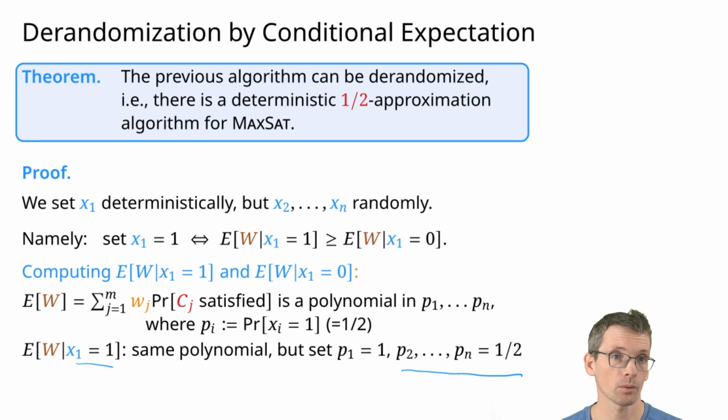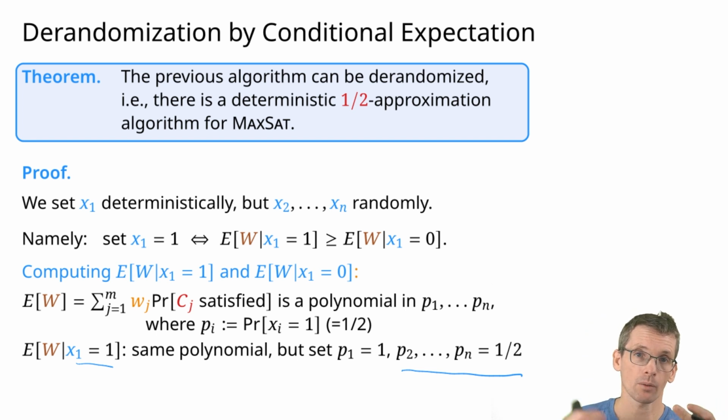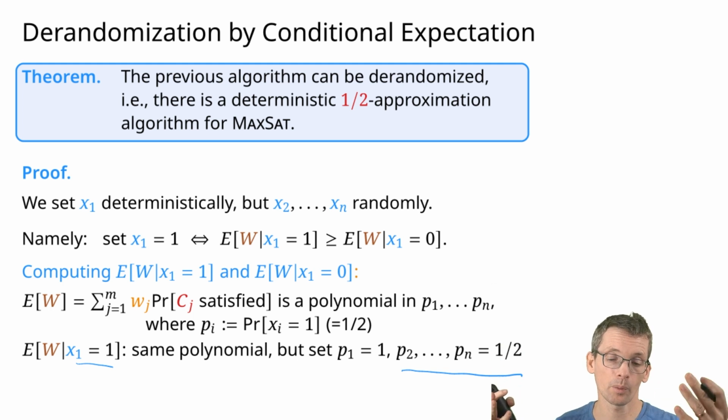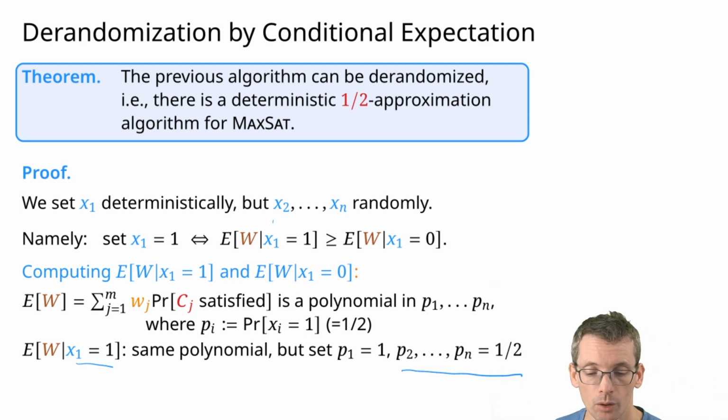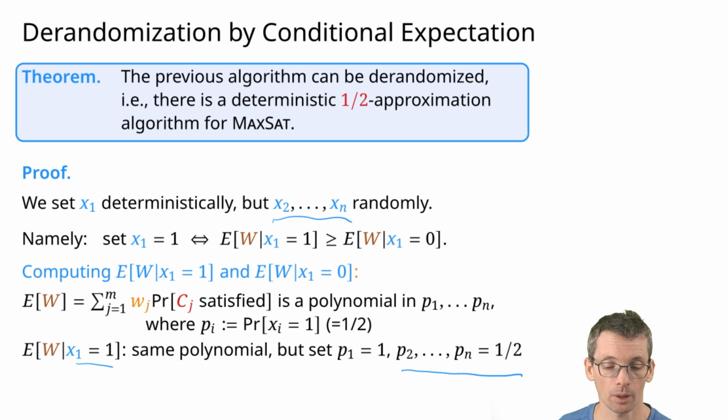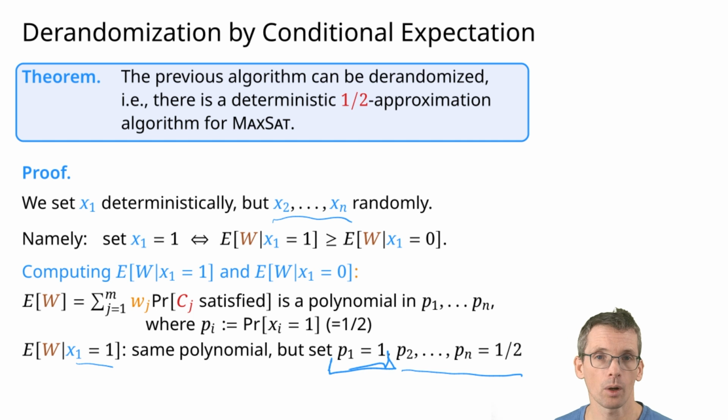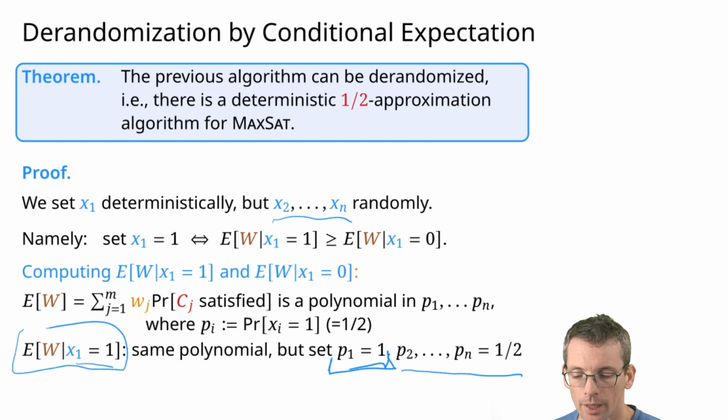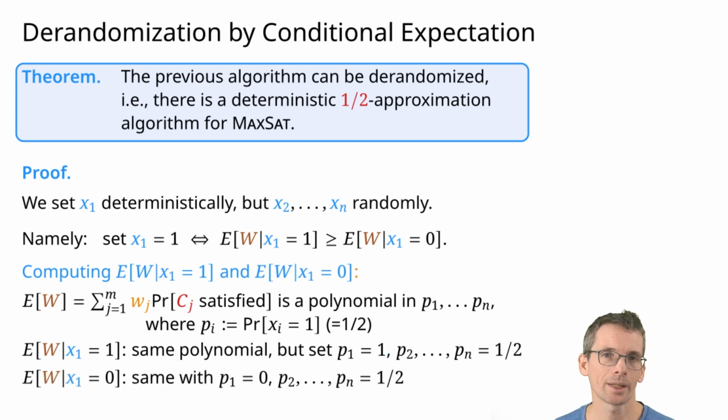That corresponds to picking at random with probability 1/2 one and with probability 1/2 the other, which corresponds to x2 to xn being chosen randomly. And we set x1 to 1, meaning with probability 1 we set x1 to 1. In this way we can compute this expectation. Same we can do with x1 being 0, and then we simply pick the larger one as the one we continue with.